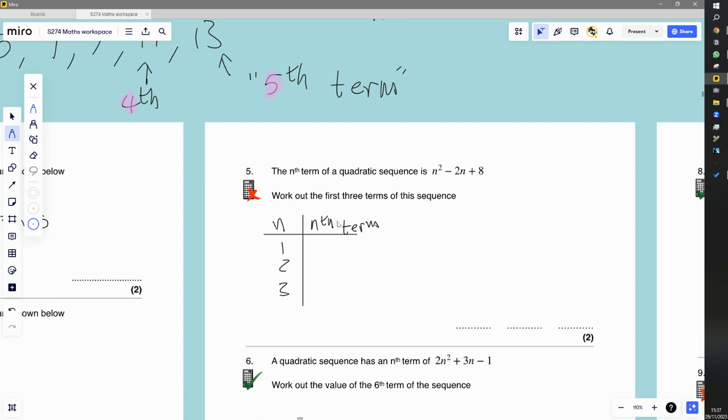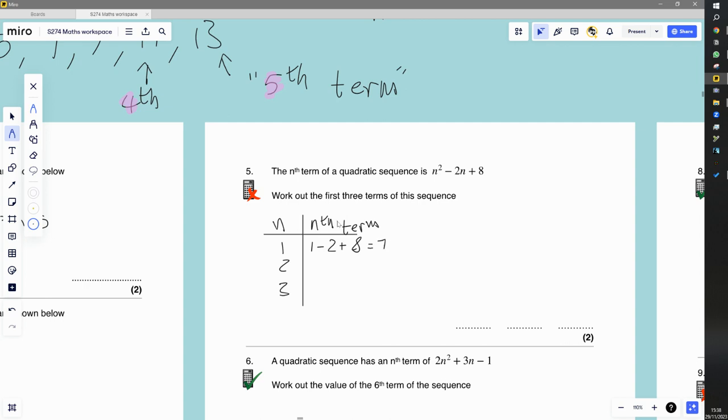So 1 squared, which is 1, minus 2 times 1, which is 2, then we're going to add 8. So that gives us 1, take away 2 takes us down to minus 1, add 8 equals 7.